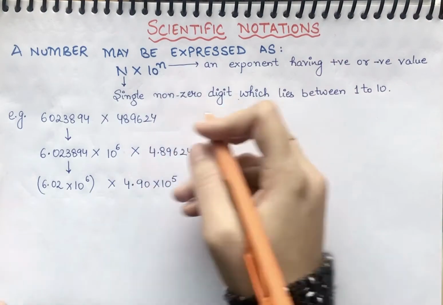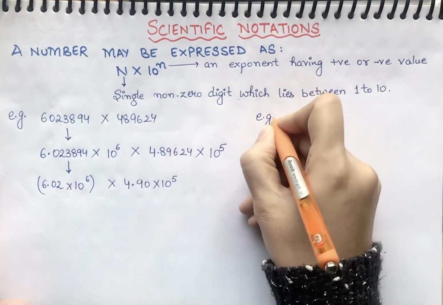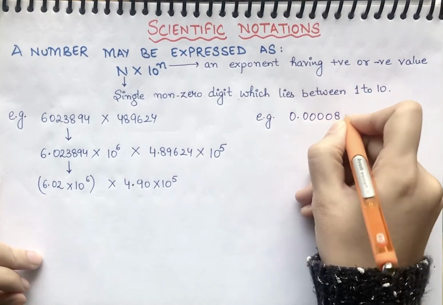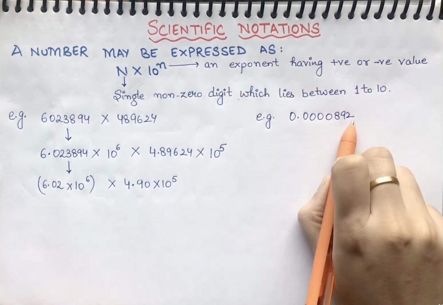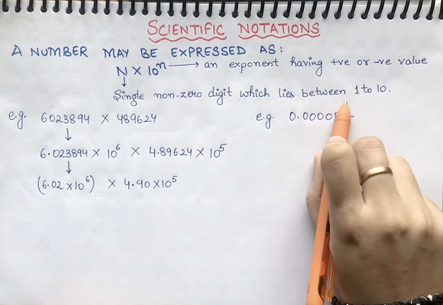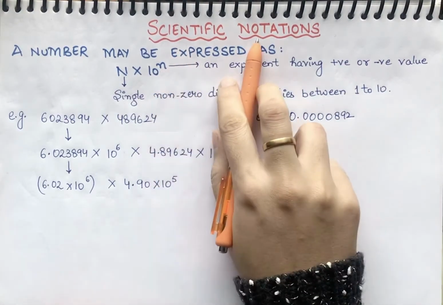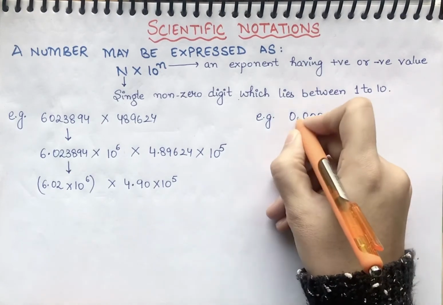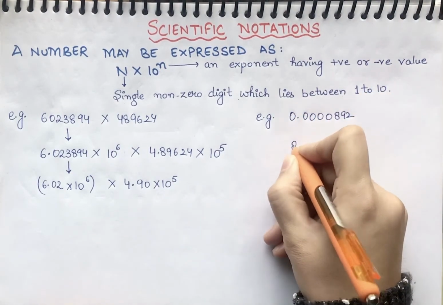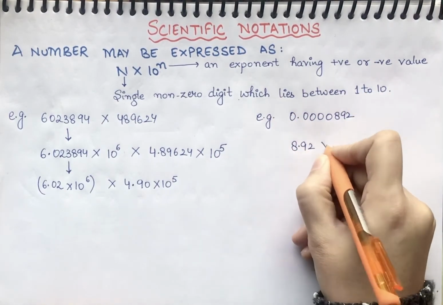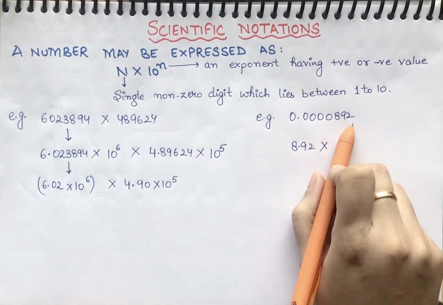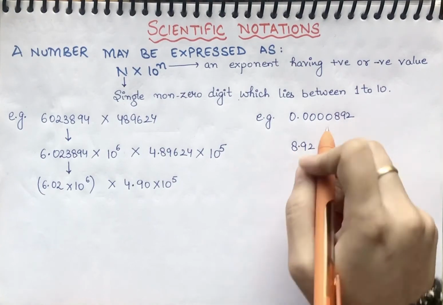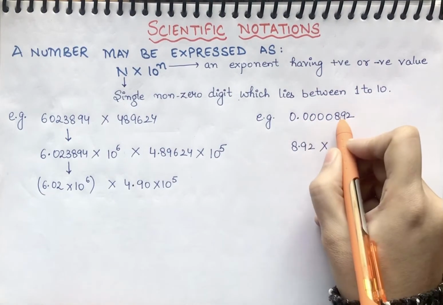Okay, what if I am having 0.0000892? This is a smaller value and I want to express it in terms of scientific notation. So I'll take the decimal over here, so it will be 8.92 into, since I am taking this smaller value in terms of scientific notation, I'll shift this decimal to this place.